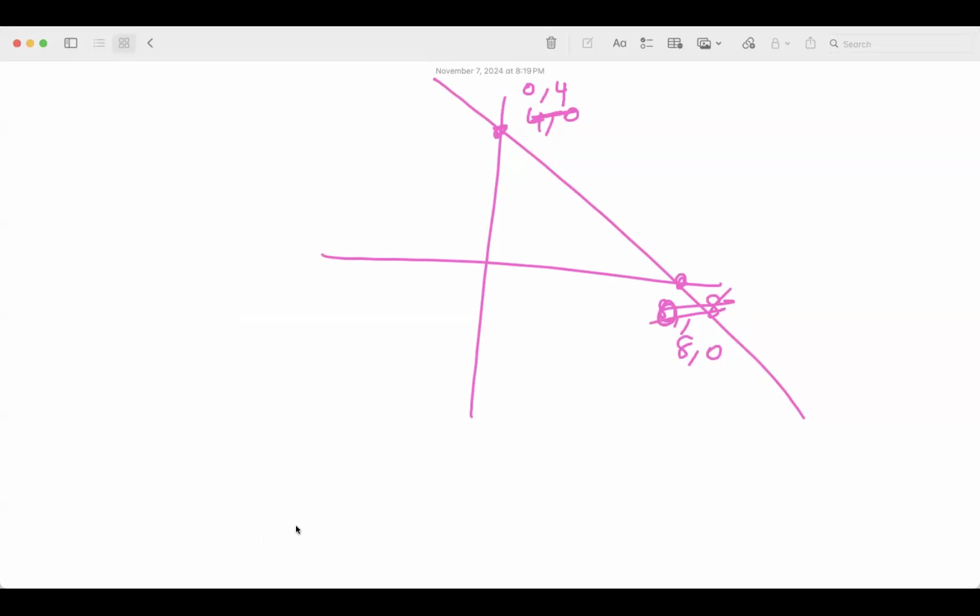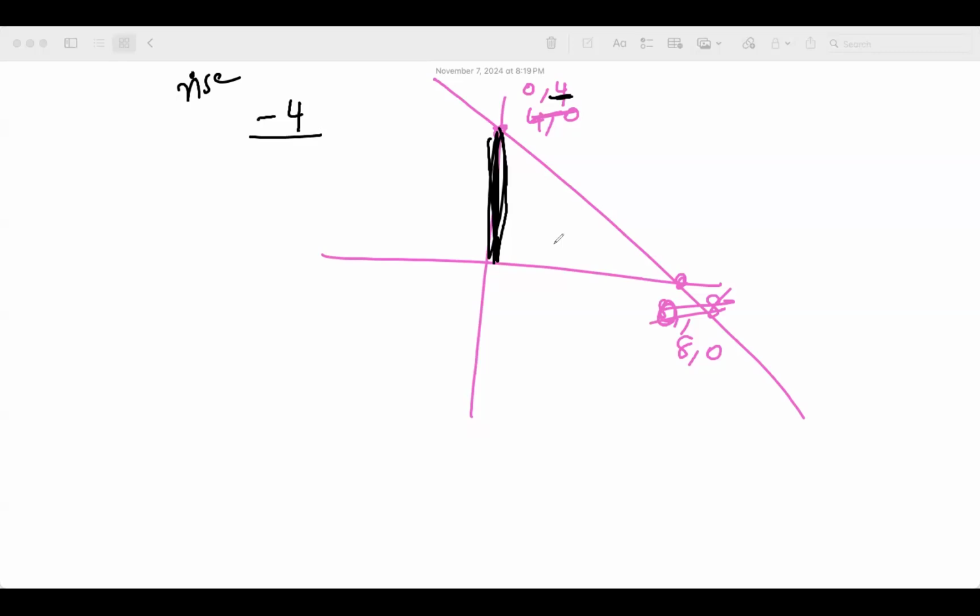Let me show you. The main thing is that the difference in y should be on top. Rise by run means rise is the change in the y value. What is the y value change? From 4 it came to 0, right? It came down, so it's a minus.